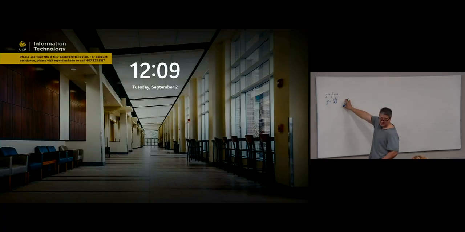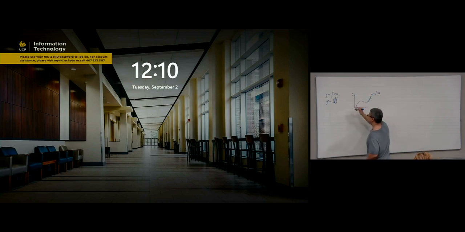What's the meaning of this one? This is y, this is x. So we have the curve. This one is f(x). For example, if we calculate the derivative at this point, then the first derivative is just a slope at this point, correct, everybody? That's a slope, right?